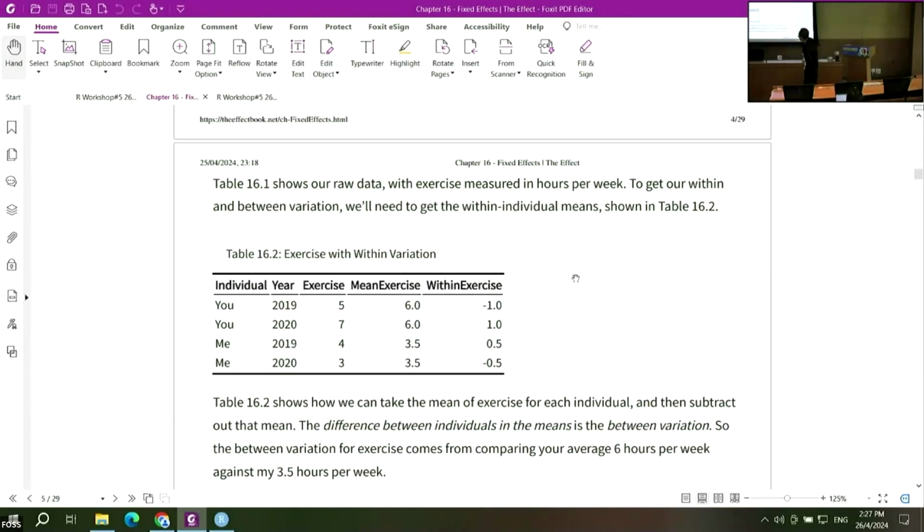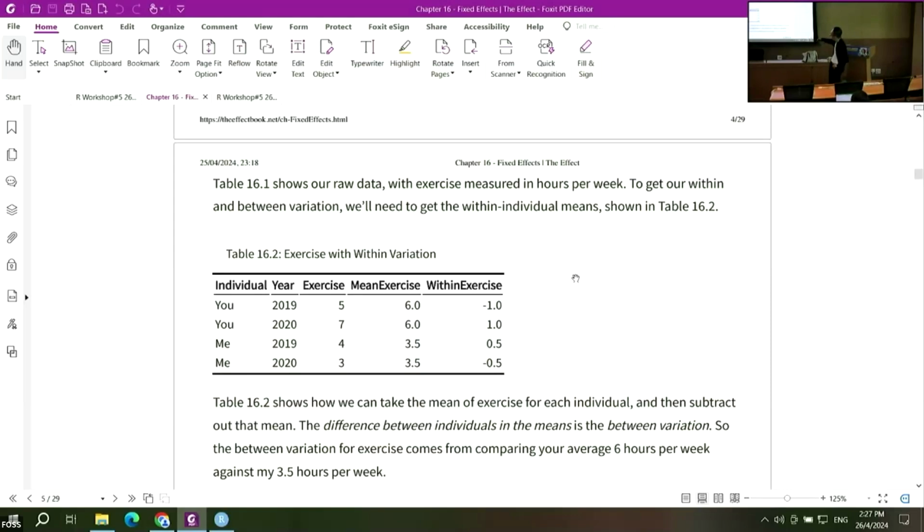All right. So for each individual, we subtract that mean. The difference between the individual and the mean is the within variation, and the between variation is what we consider across individuals. So the between variation for exercise comes from comparing your average 6 hours per week against my 3.5 hours per week.